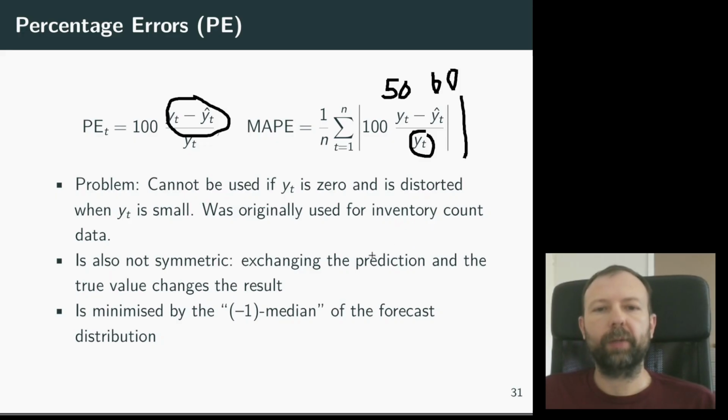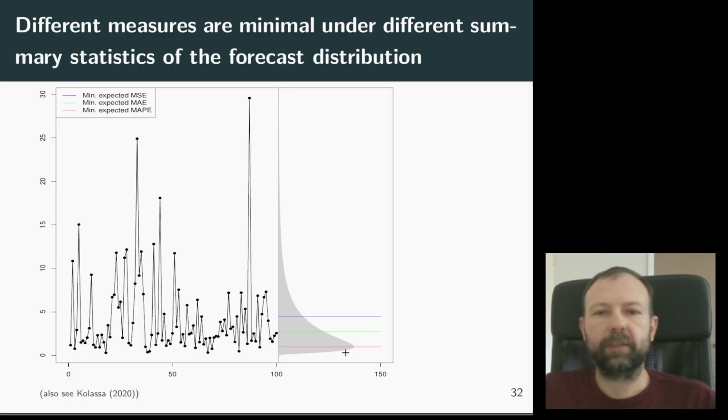And another big problem is that it is minimized by a statistical quantity that is called the -1 median of the forecast distribution. And what that means is the following. So here I have just some simulated log normal data. They are IID. So your ideal forecast distribution is just the distribution that I plot here.